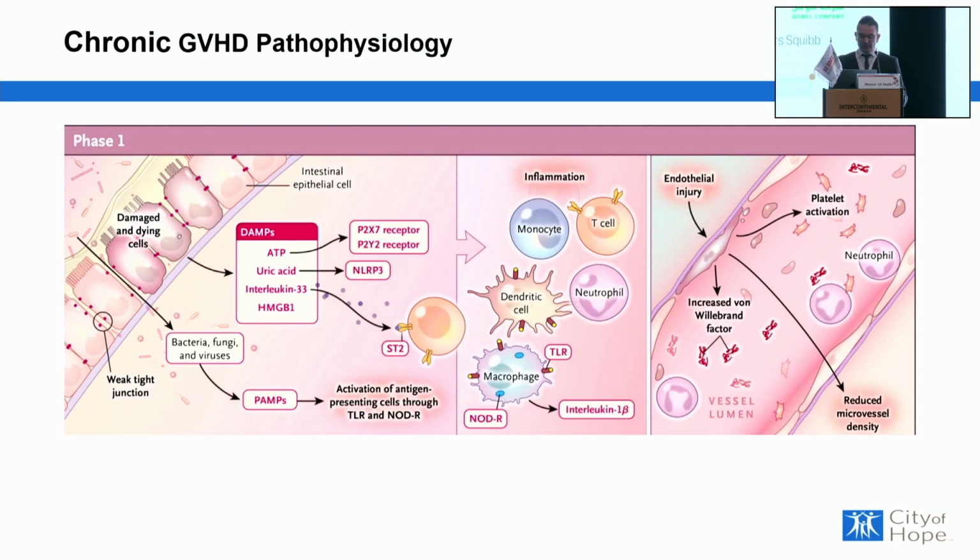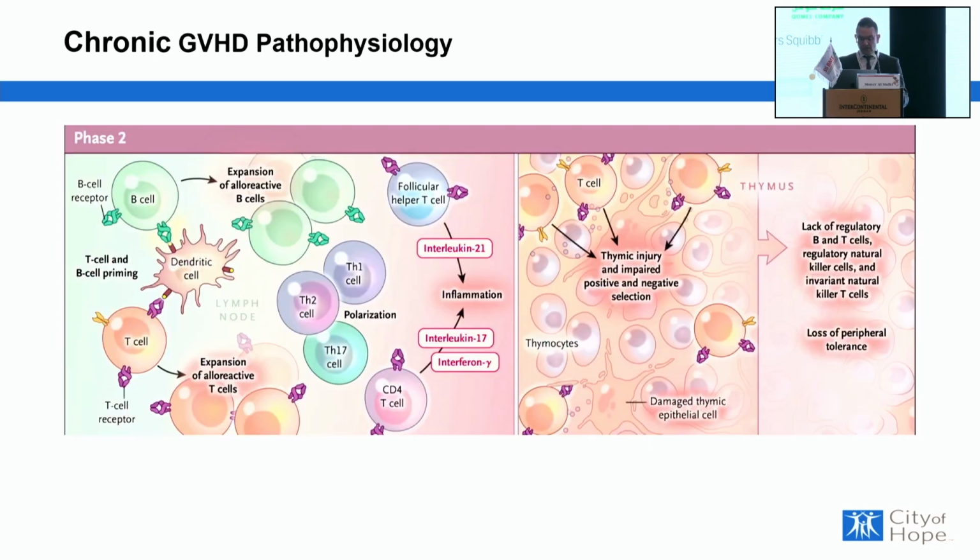All of those lead to endothelial cell injury and inflammation, including antimal arthritis and loss of microvessels. This also leads to platelet activation and von Willebrand factor release. All of this process allows more inflammation to propagate.